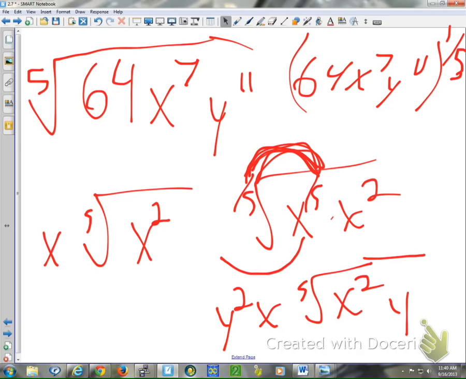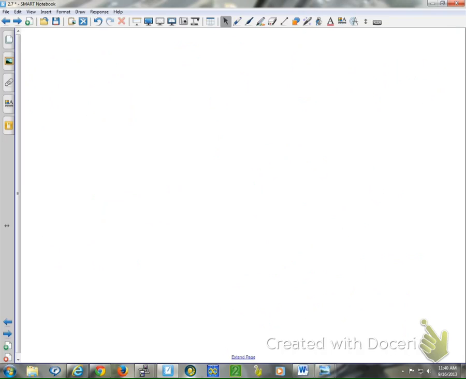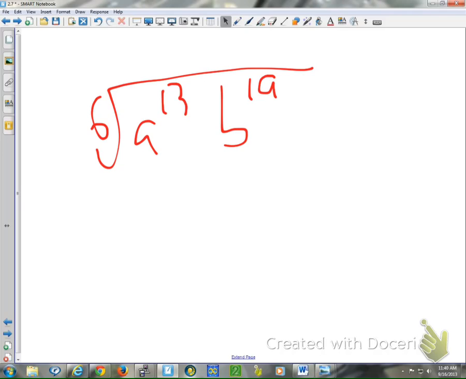Let's not even worry about the number just yet. Let's look at another example with variables, just variables, and we'll come back to the numbers. Let's just go nuts. 6th root, a to the 13, b to the 19. Okay, Brooke, how many 6s go into 13? 2.